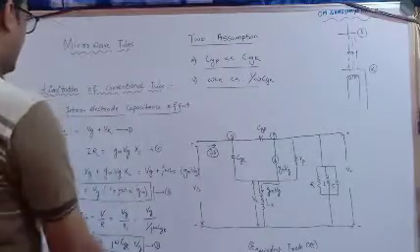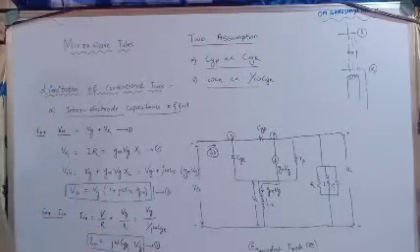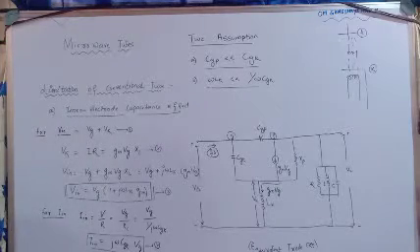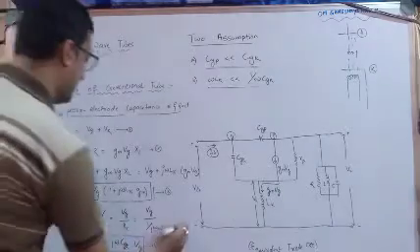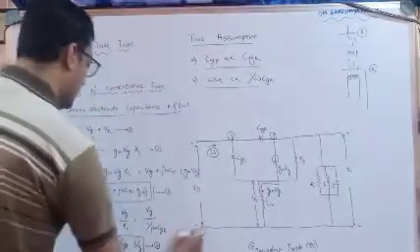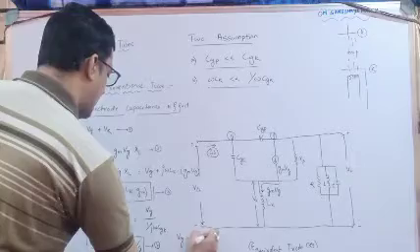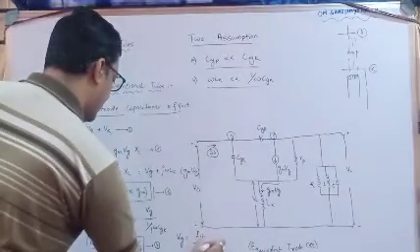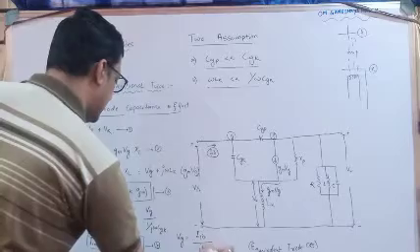Now once this input current is known, I will substitute it in V in. So from here, Vg is equal to I in divided by j omega Cgk.